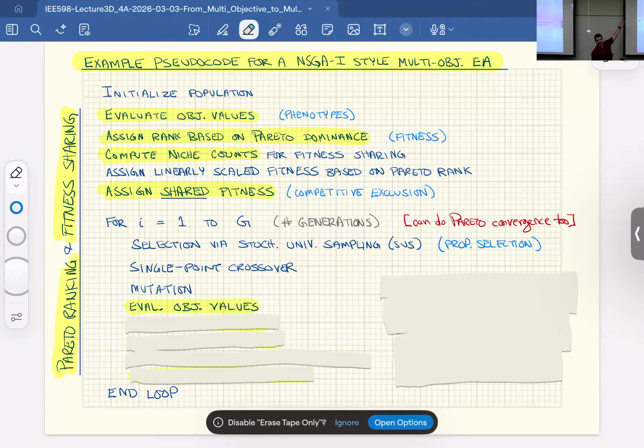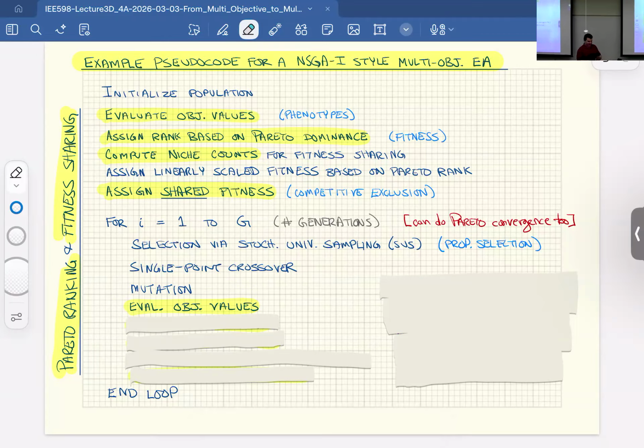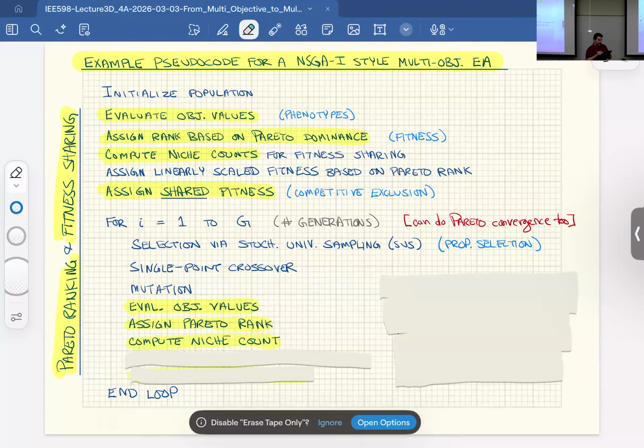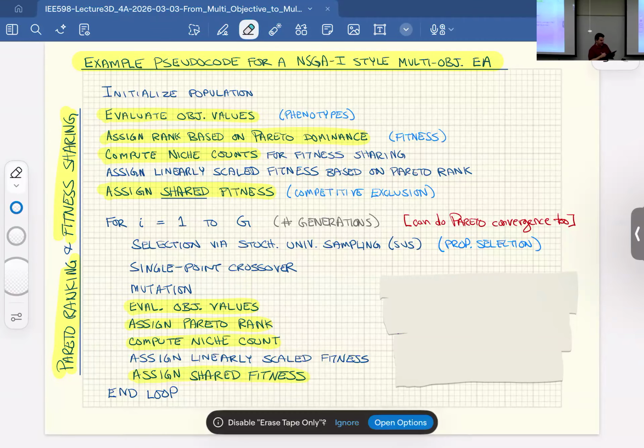Now we're basically repeating what we did before the loop. Evaluate our objective values, evaluate those phenotypes, then assign Pareto ranks based on who now dominates who, compute our niche counts, scale the fitness, and then assign shared fitness to those, and then repeat.